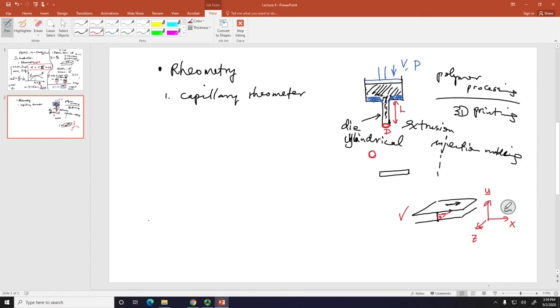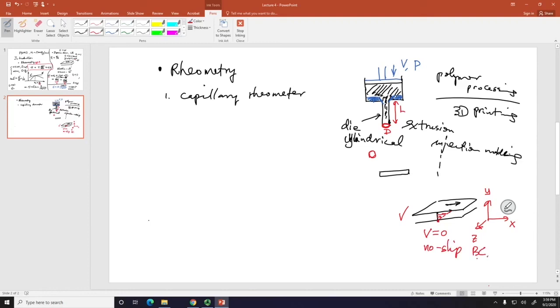That one is quite commonly discussed: that there is no slip, which means if my bottom surface doesn't move, then my polymer next to that surface is also not moving. So it's called the no slip boundary condition. So that's common.